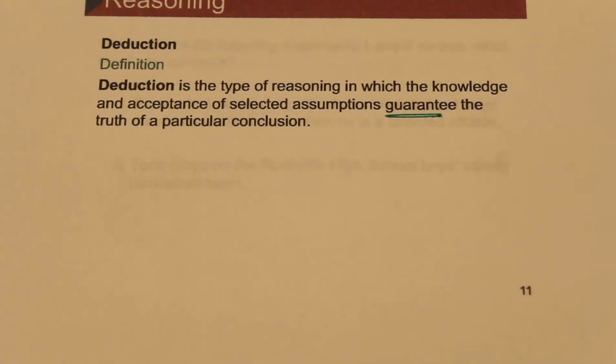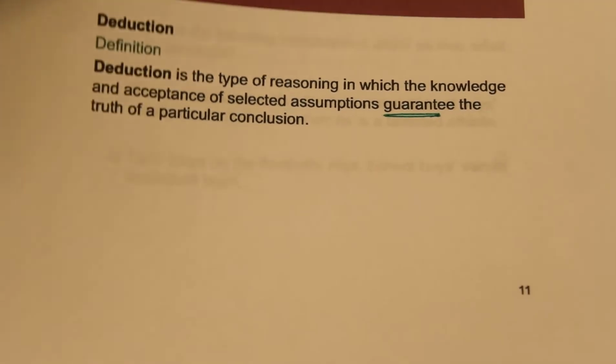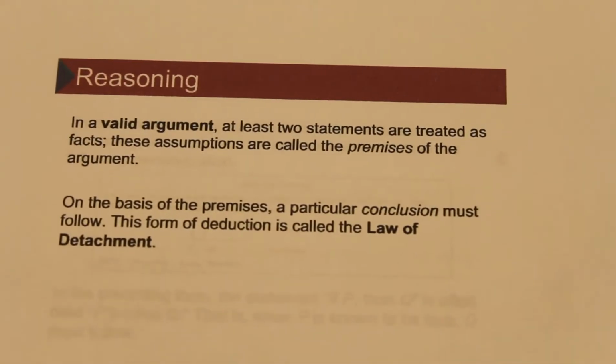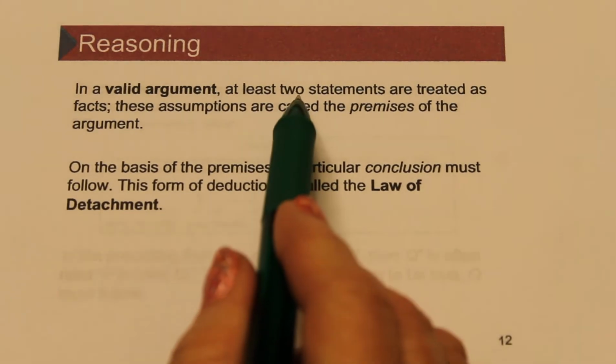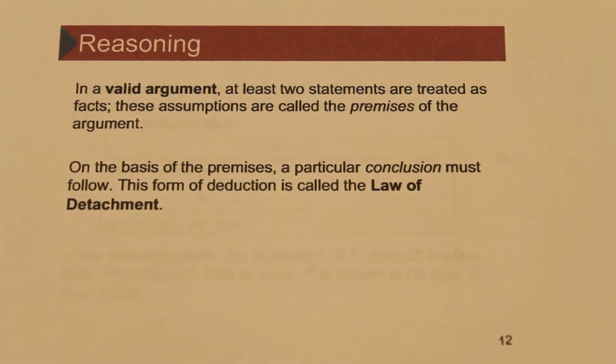So we can prove that it's true. And in order to prove it's true, you must have a valid argument. A valid argument has at least two statements, and those statements are treated as facts. These are called the premises of the argument.